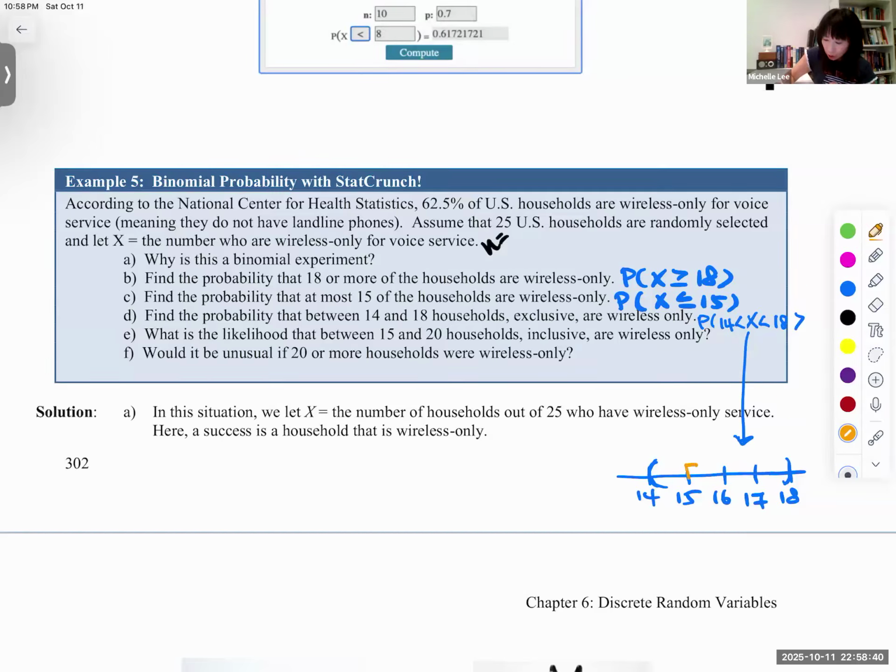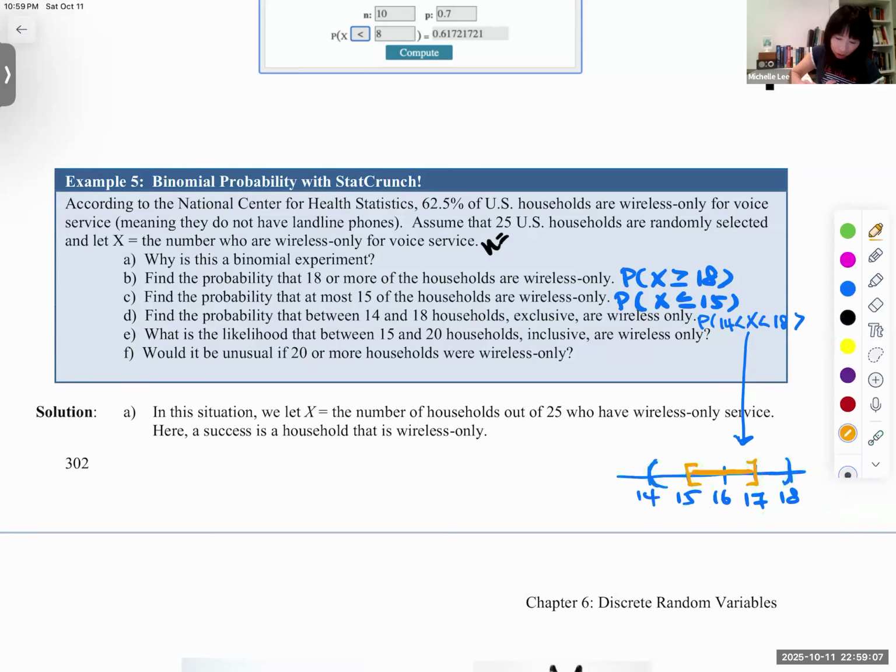So it's inclusive, so I'm going to put the bracket. Is it clear to you? So we don't put the 13, we don't put the 19, because it's between 14 and 18, but 14 and 18 are not included there, right? So with this green number, it's better we include 15 and 17.